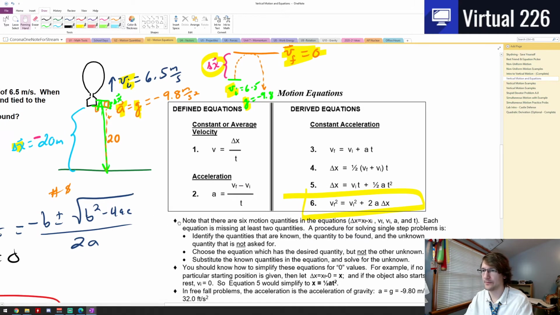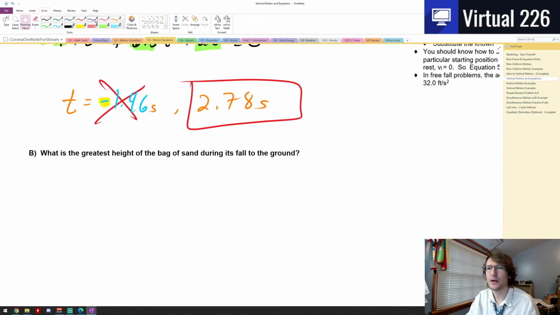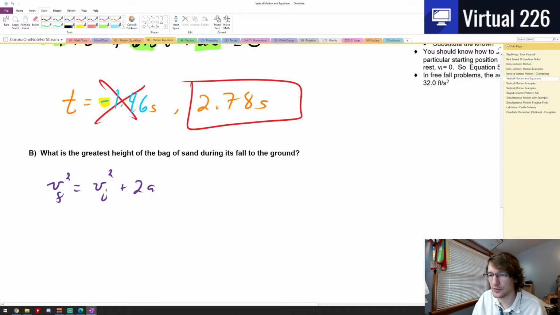So let's pull it down over here. For equation 6, we're going to have the final velocity squared, which is 0 squared, and that equals the, well, here, let's do this first. Let's set up the equation and then put numbers in, because numbers can be annoying. So it's going to be vf squared equals vi squared plus 2a delta x. So let's solve this for delta x first, that extra distance, and then figure this out.